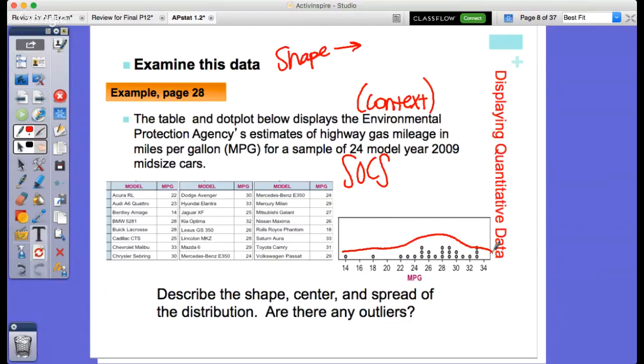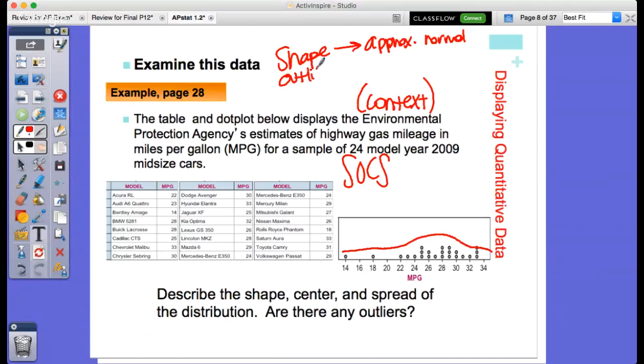A lot of times when we describe it, we use LY words like approximately or slightly. But in this case, we would state that there's only one hump here, so we would say that this is approximately normal. We'll talk more about that later because I know this vocab is new.